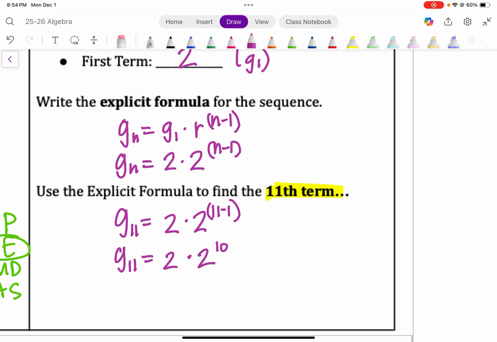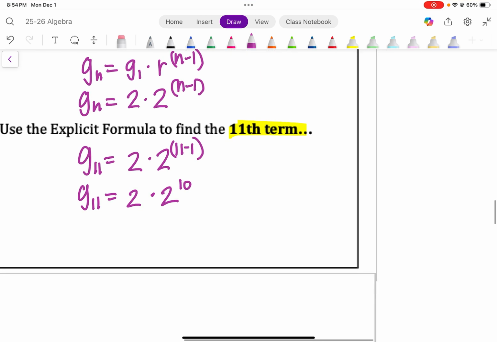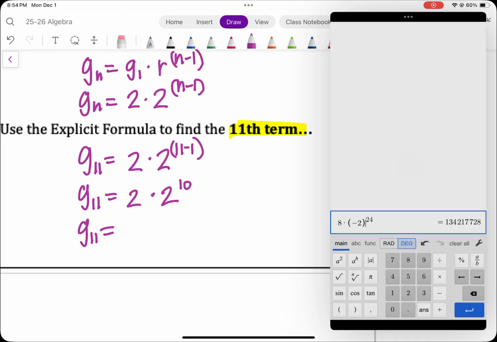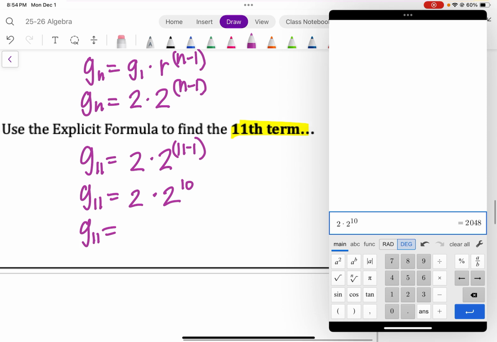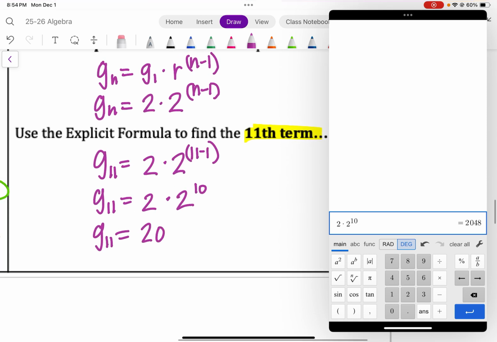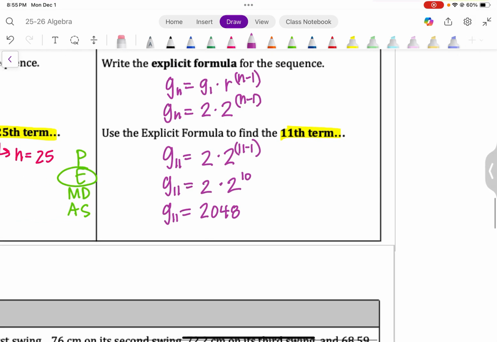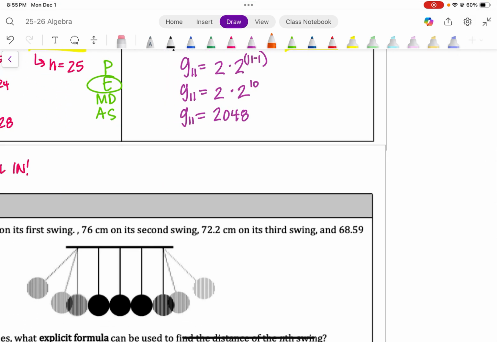Be very careful that you're not doing 4 to the 10th because that's going to be a different number. So when we type this in, 2 times 2 exponent 10, that's 2048. So g11 equals 2048.